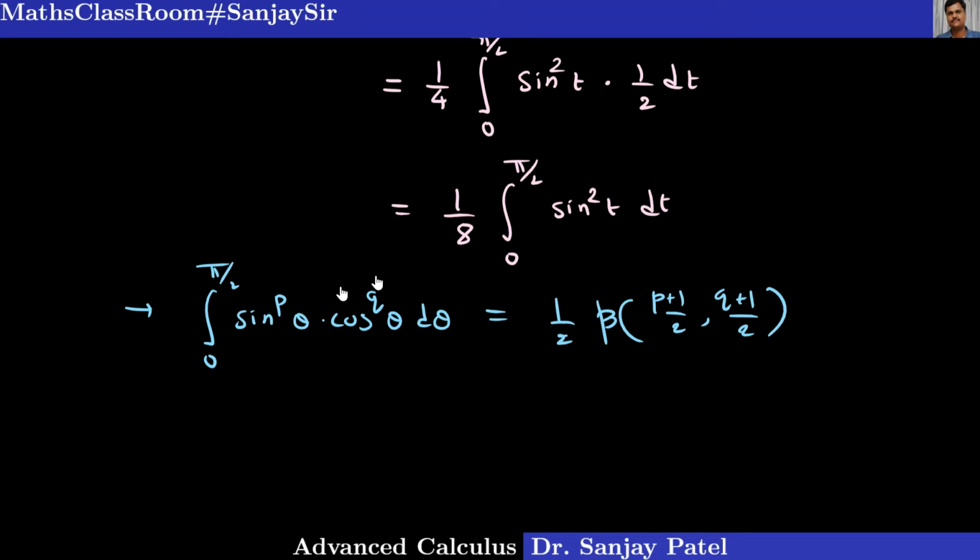Comparing with this, we can take p equal to 2 and q equal to 0.